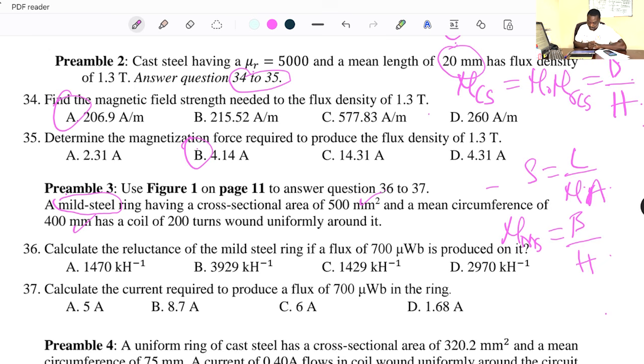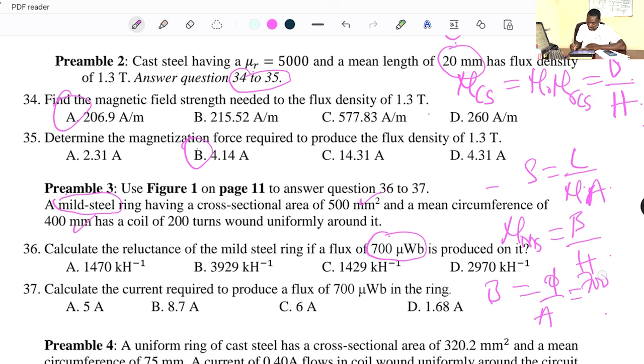So using the graph, we can find the magnetic flux density from what we are given here, because we know the area, and we are asked to find the reluctance at a flux of 700 microwebers. Magnetic flux density is magnetic flux over area.